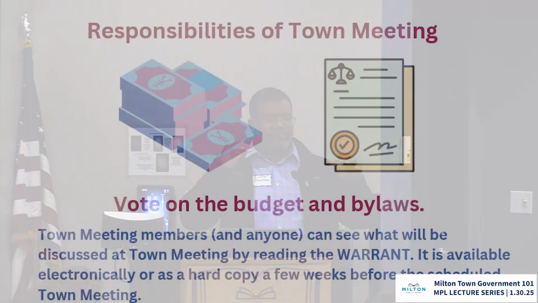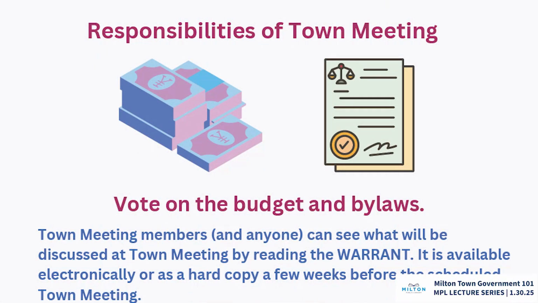So our town government is divided up into a series of sections, as in our overall government. Anywhere there's an executive branch, which is our select board, and there's also a legislative branch, which is our town meeting. A lot of these slides are going to be about town meeting because that's what I know a little bit more about, and then we'll lead you into other parts with the panel discussion.